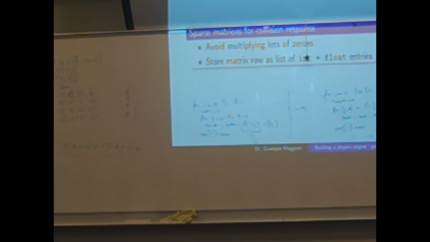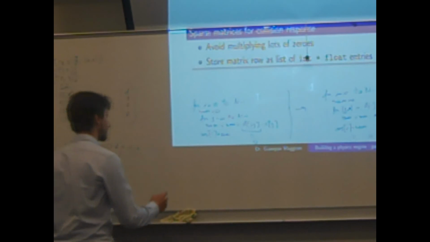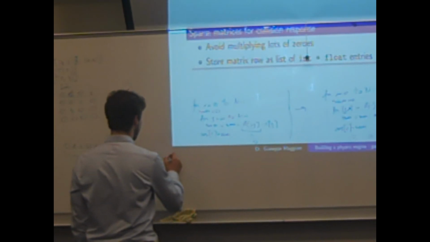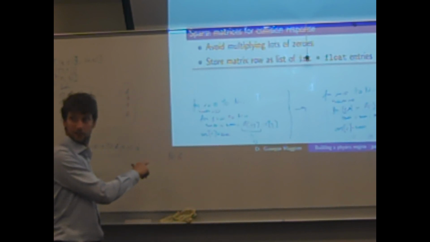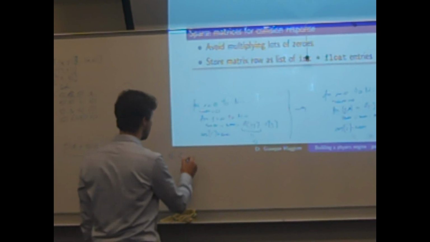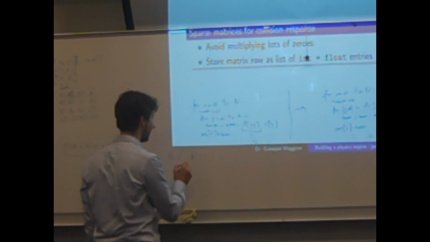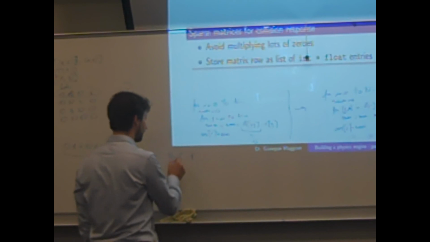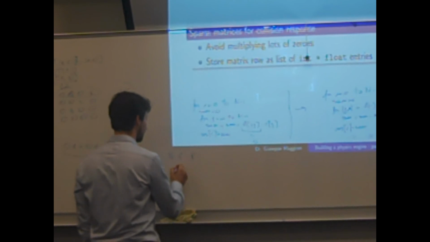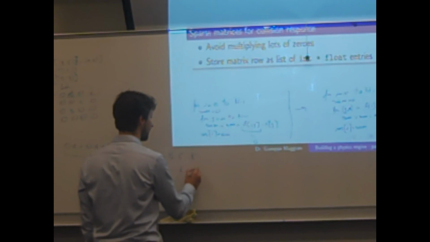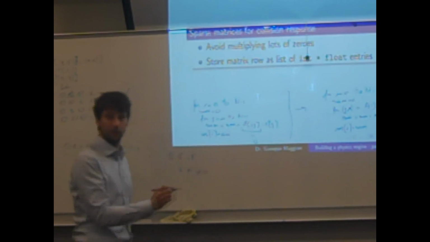Okay. So in the case of our collision response system, we have a matrix with the number of bodies which are colliding multiplied by 6. This is for every row, and this is for the number of constraints, so multiplied by the number of constraints k. But what we do is we just have 6 times k values which are different from 0.